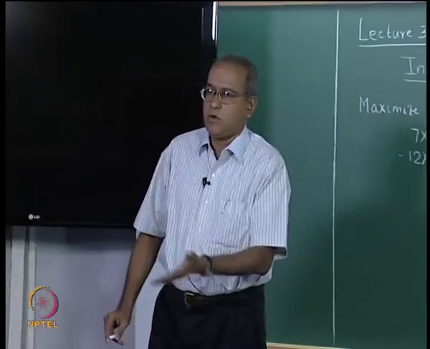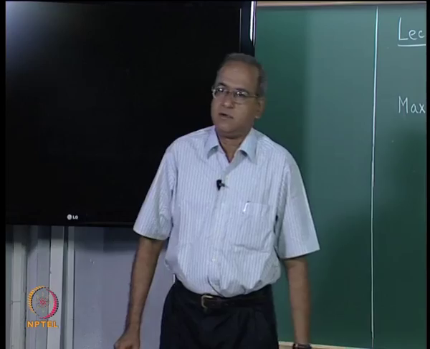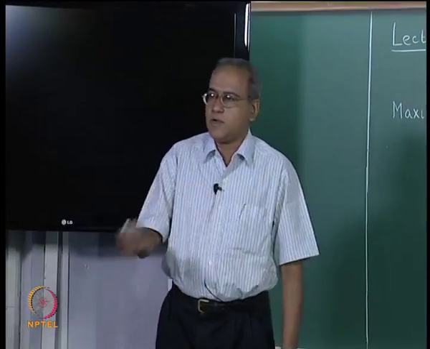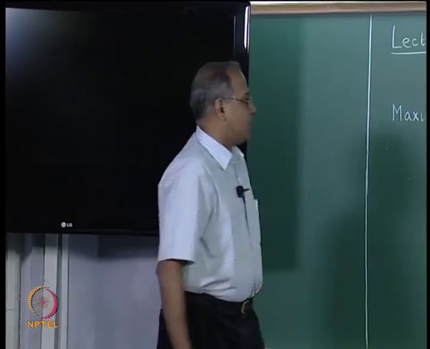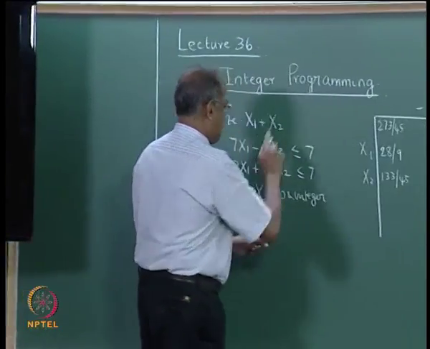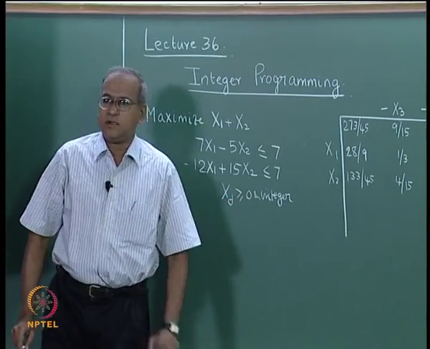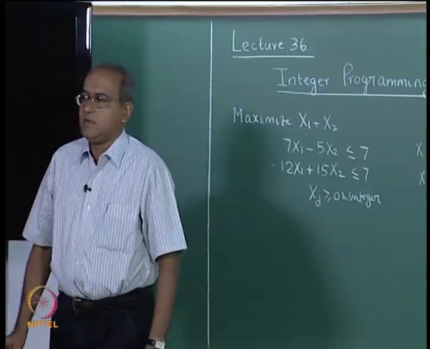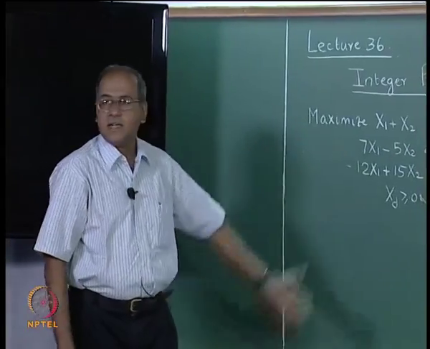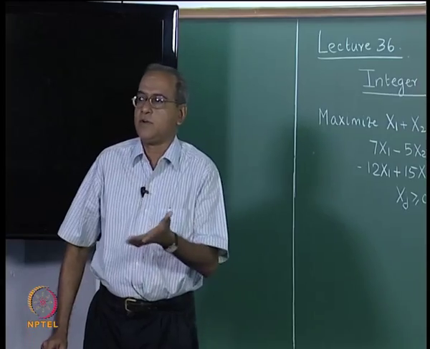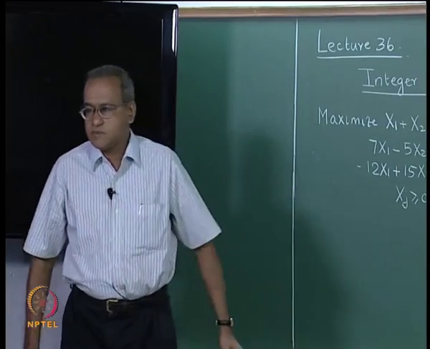So when one or more of the decision variables take integer values, then it becomes an integer programming problem. And in this example, both the variables x1 and x2 should take integer values, and therefore it is an all integer programming problem where all the variables have to take integer values.